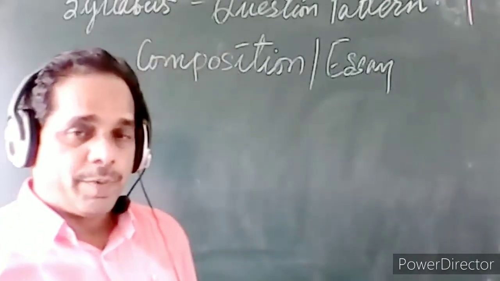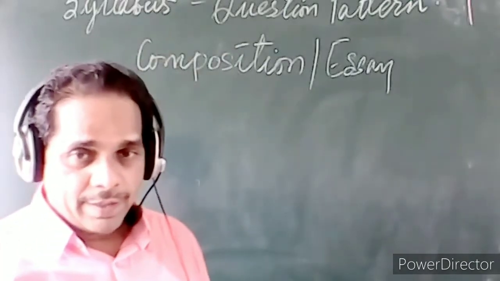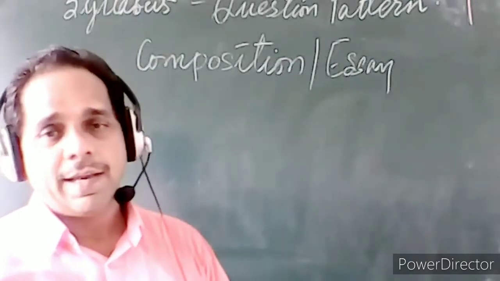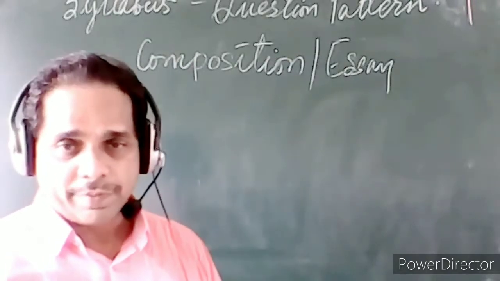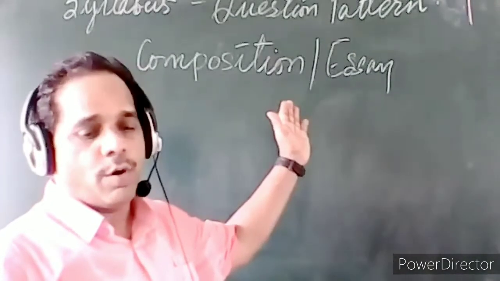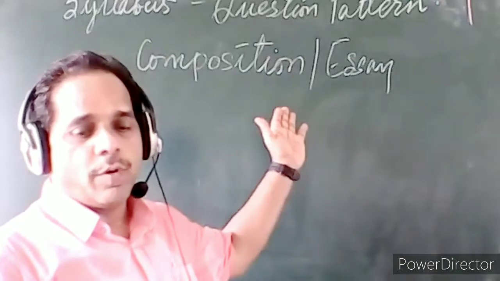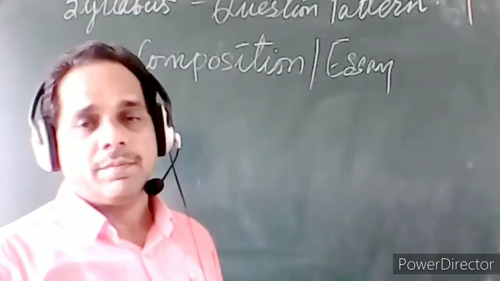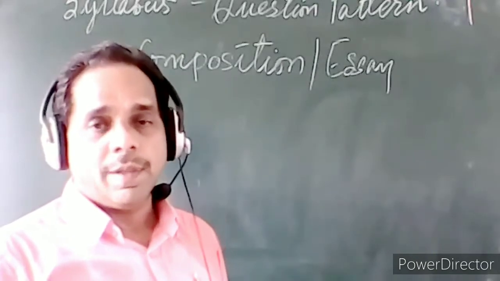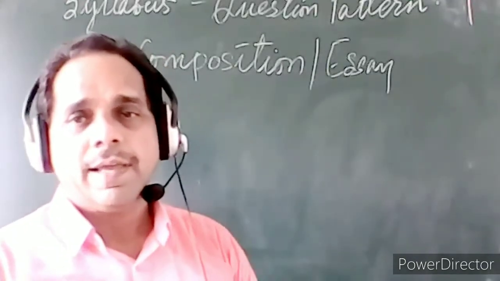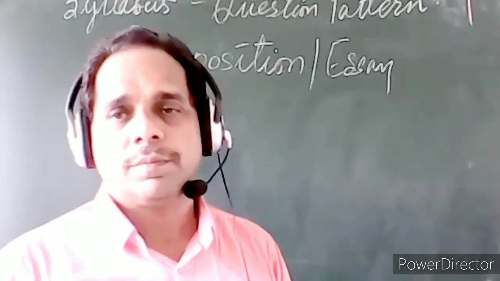But is there a difference between ICSE and ISC, 9th and 10th ICSE and 11th and 12th ISC? Yes, there is a difference. You are supposed to write more and write with a lot of clarity, and the evaluation process will be stricter in class 11 and 12.